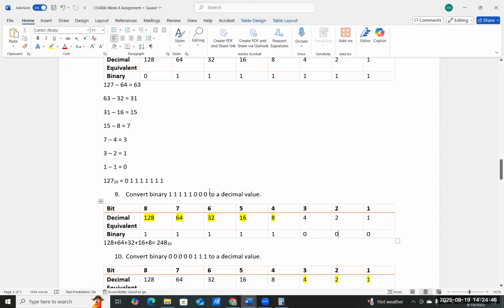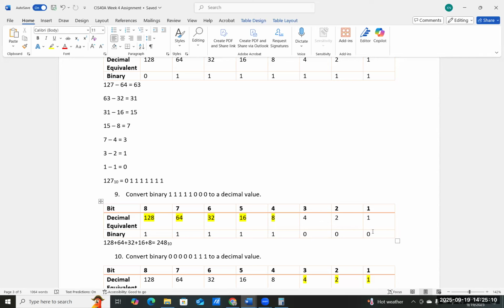The next 0, I put the next 0 there, and so on. You place each bit under each equivalence value, because that's bit 1 through bit 8. Now you notice that I highlight the equivalence values that have the 1s underneath. Those are the values that you're going to add up.